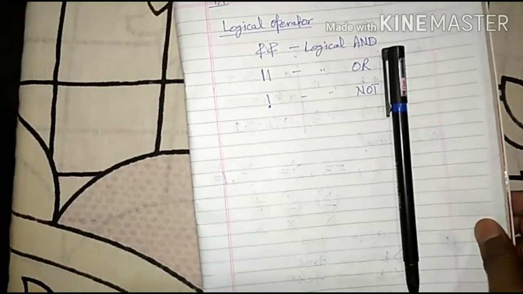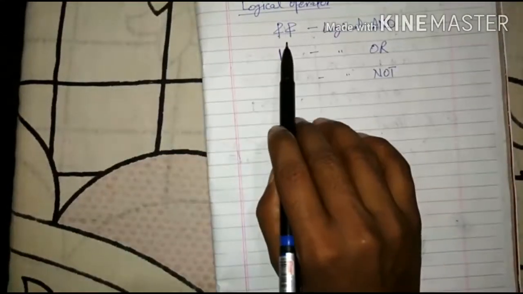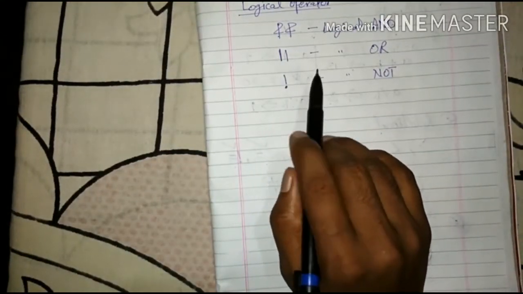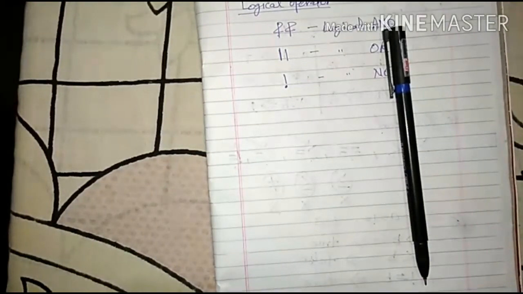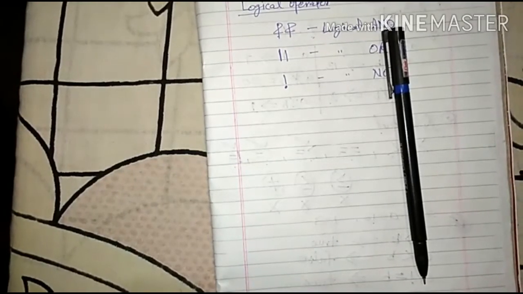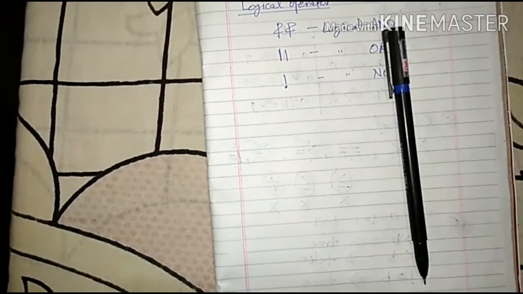How can we use this logical operator? One thing more about the logical operator is that it produces either true or false. It means it produces the result either true or false, a Boolean value.